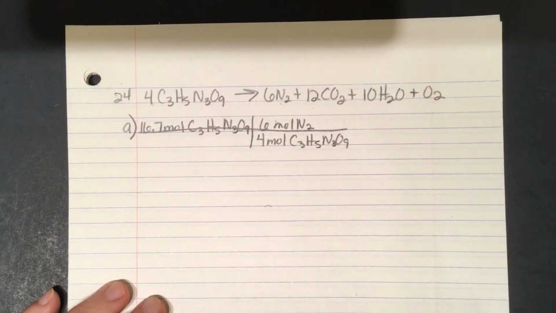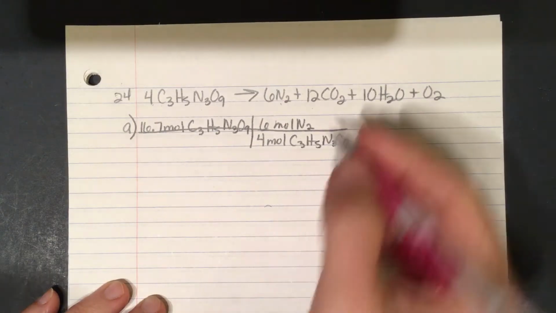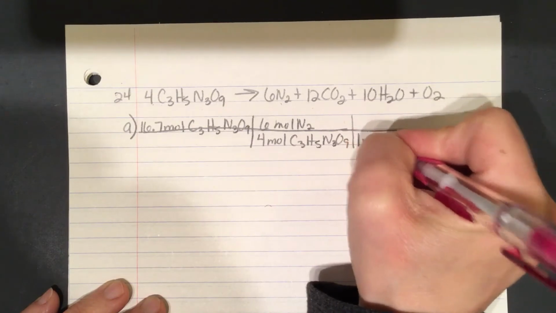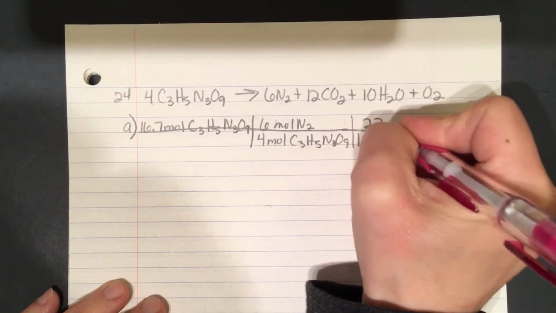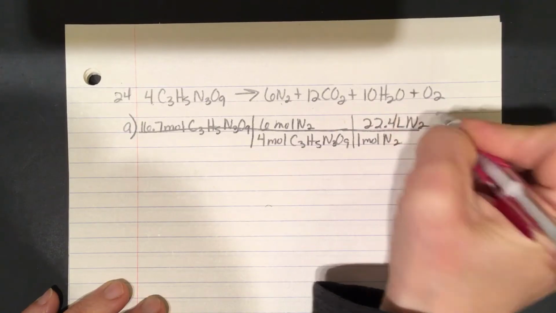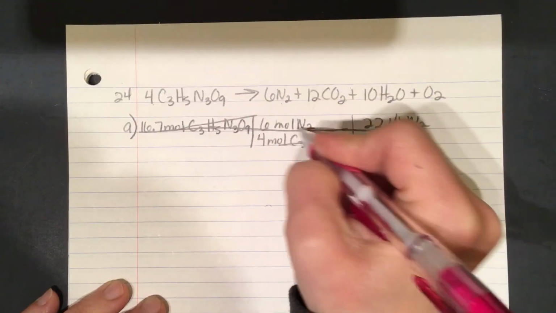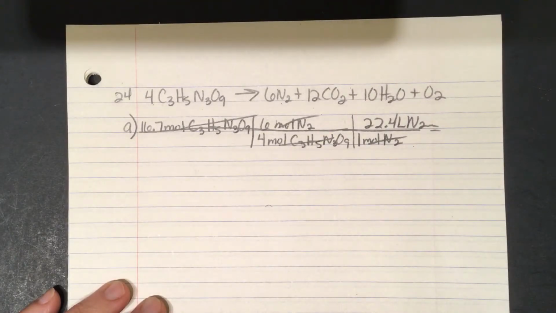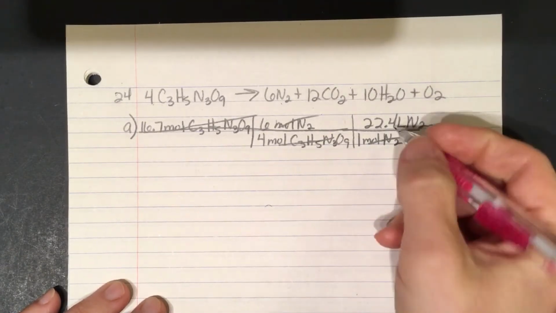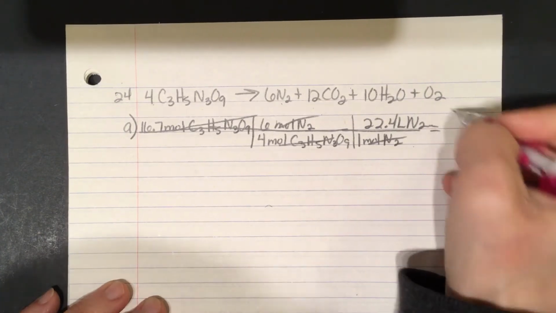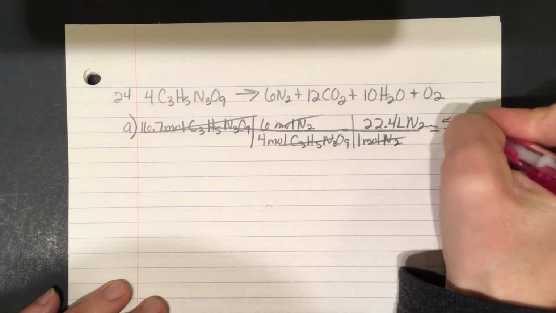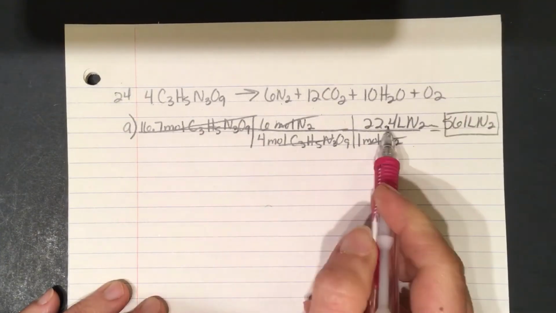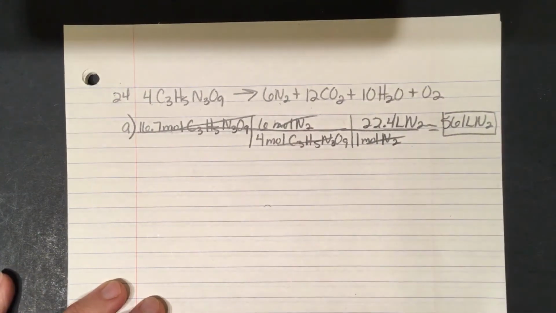But I want to know the volume, but I know at STP that 1 mole of nitrogen is 22.4 liters of nitrogen. So all of my units cancel out, and I get 561 liters of nitrogen, when I multiply across the top and divide by 4.